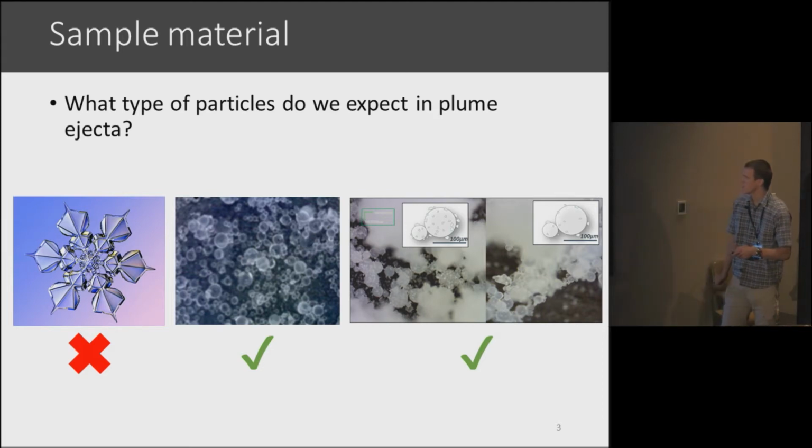So what we expect are more or less spherical particles in the micrometer range, or, as shown here, spherical particles with crystallization on top. These are flash-frozen brine spheres where the salt crystallizes on top.